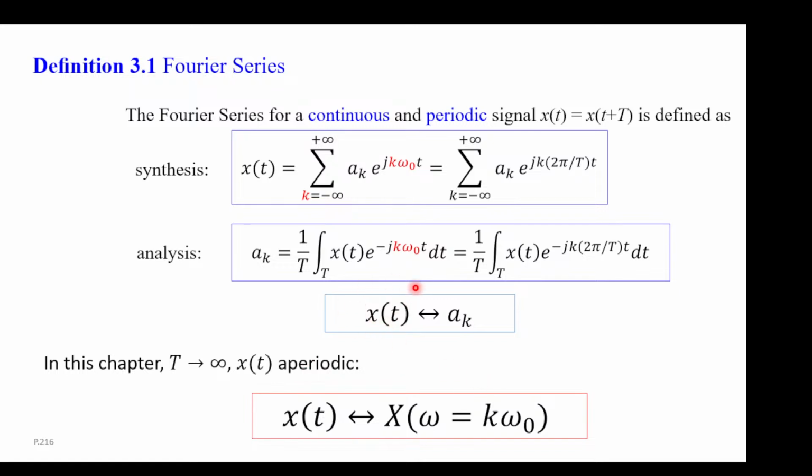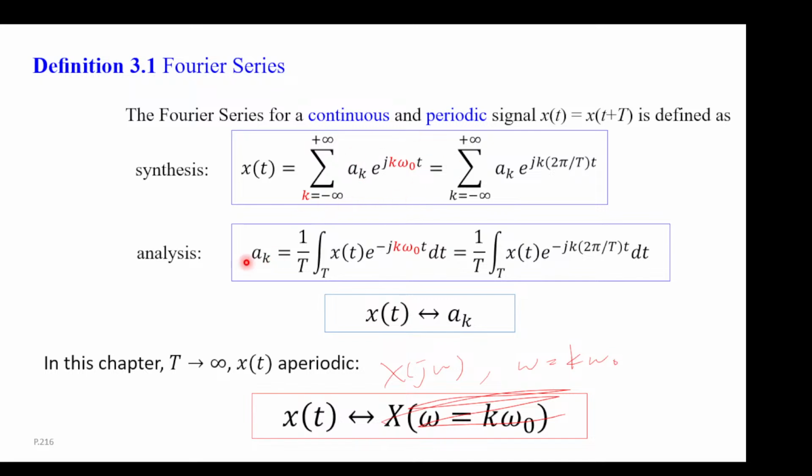Instead of a transformation between x of t and ak, you have x of t to big X of j omega, with omega equal to k omega naught. So this is what happened in this chapter: we have a periodic x, and we get this big X of j omega, and basically we are getting all possible complex exponentials in our synthesis.